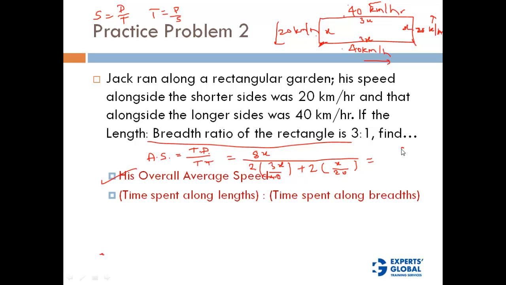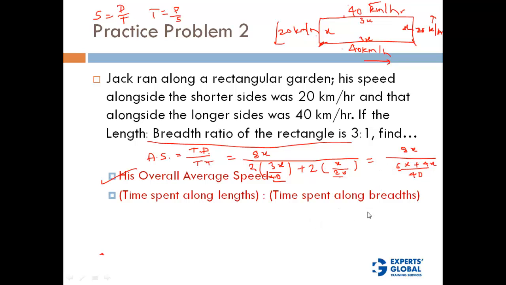So what do we have? We have 8x divided by, let's bring this to a common denominator. Let's say we are talking about 40 as the denominator. This remains the same. So what we get is 6x plus, here we'll have to multiply by 2, so we'll get 4x, correct?